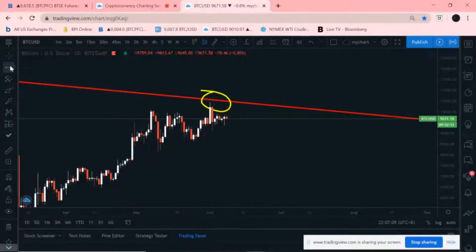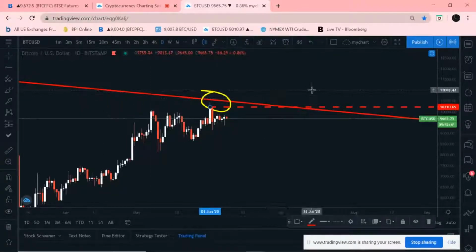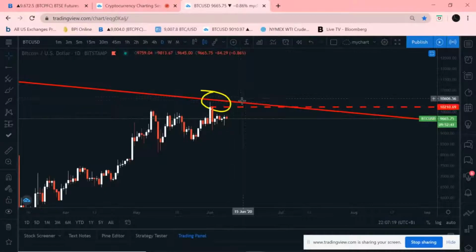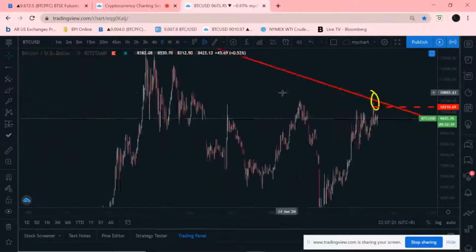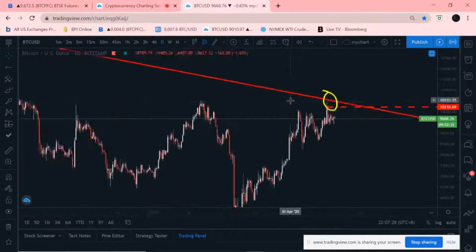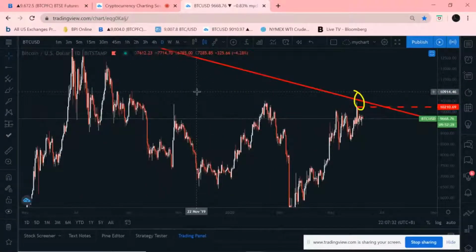The first resistance we're looking at is of course around 10,200. If it breaks that area, of course the 10,000, this area around 10,400, and even around 10,500 or 10,600.